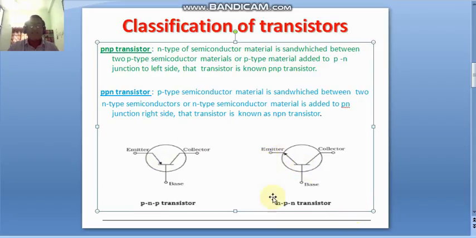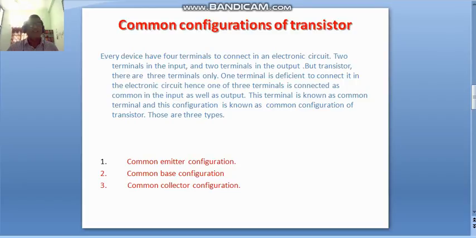The main difference between these two diagrams is that the conventional directions of the current are opposite to each other. In the case of a PNP transistor, it is towards the base. In the case of NPN, it is away from the base. This is the main difference between PNP and NPN transistors.